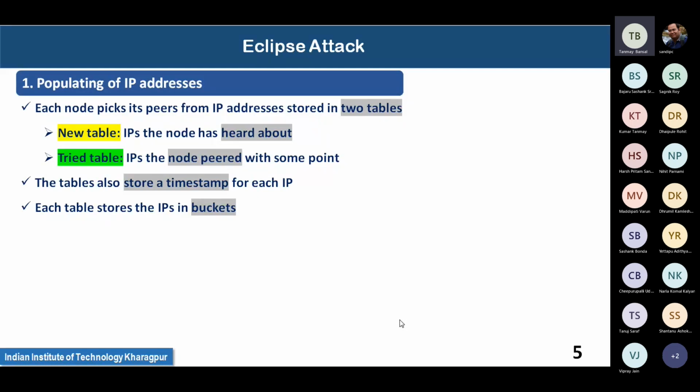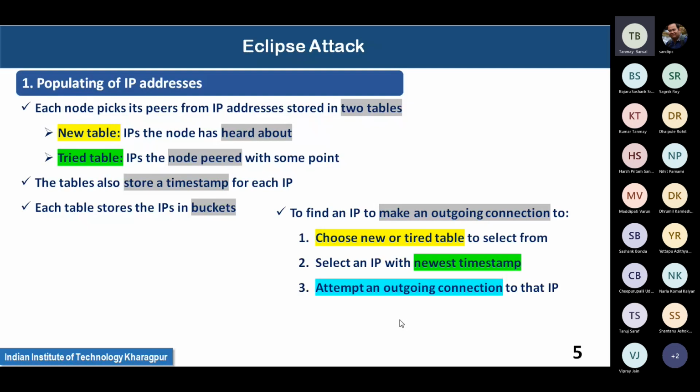If that is done, then even if an address is picked from the new table, it will not be able to send, because the junk addresses are not valid routable addresses. So eventually it will fall back on the tried table, and by that time the tried table will be filled up with the IP addresses of the attacker.